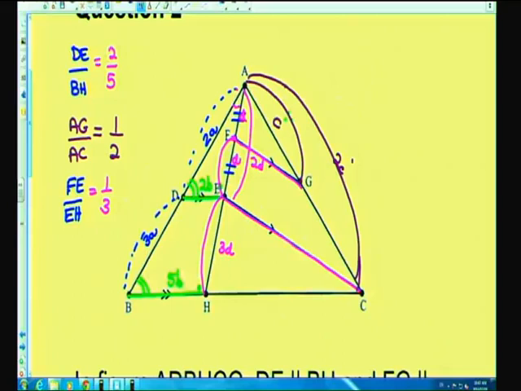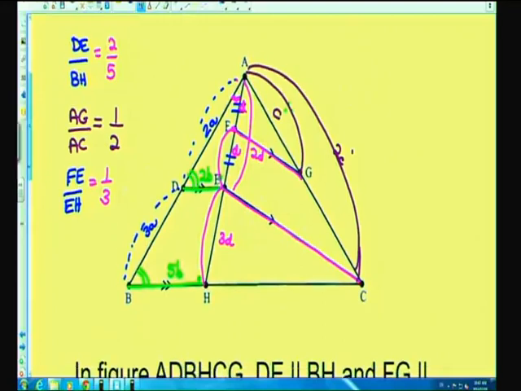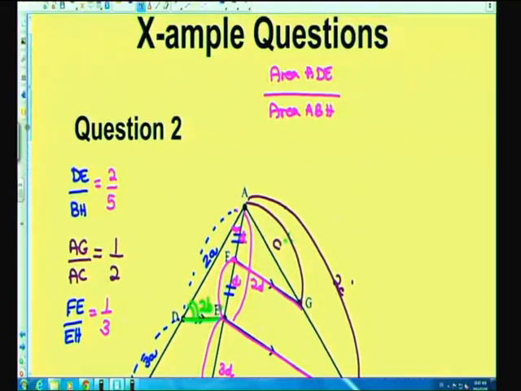And so when you use your area rule, if it's not shared, it must be an angle that's equal. In this case, the good news is it is shared. This angle A belongs to ADE and it belongs to ABH. So if we're using our area rule, it is half the product of the two sides.